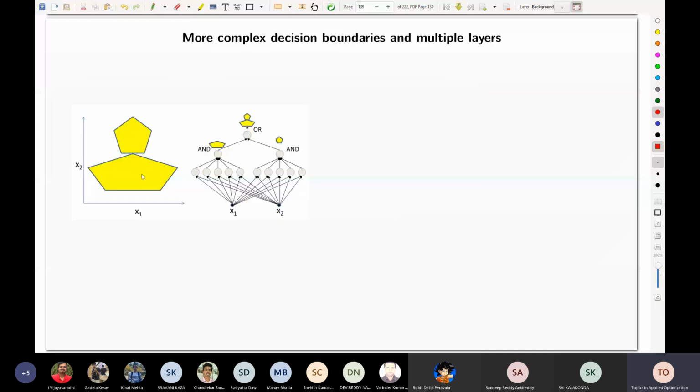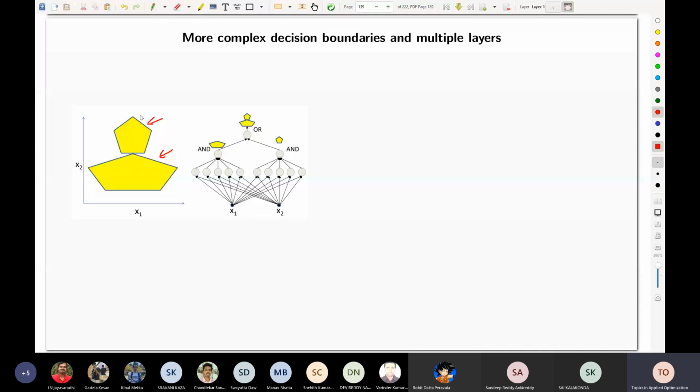So we can also learn complicated boundaries like this. In this case, what do I observe? I observe that there are 2 pentagons, and each pentagon will have 5 lines, so I will need 5 perceptrons for each.